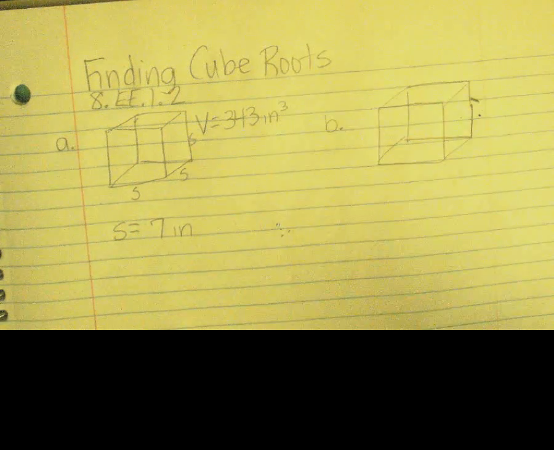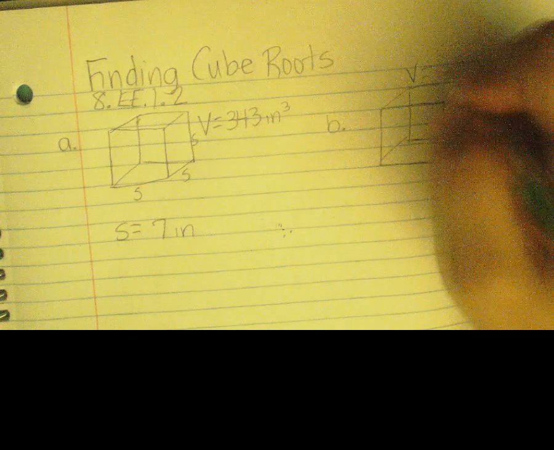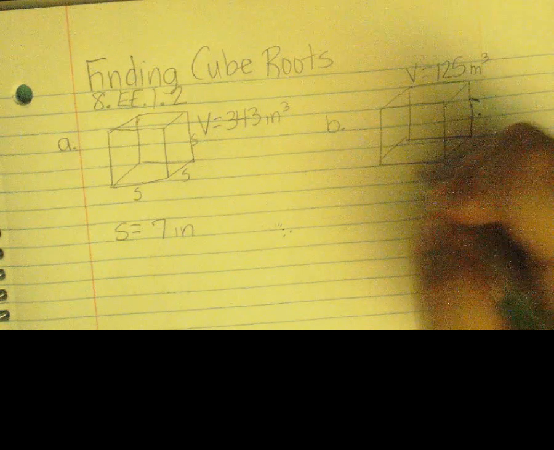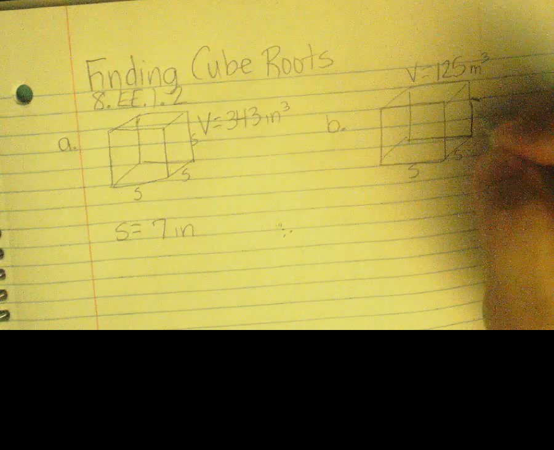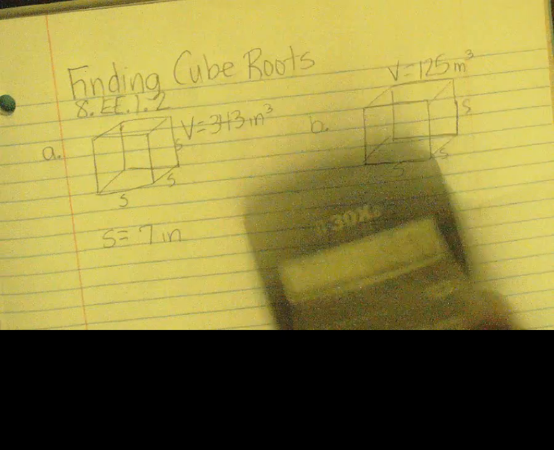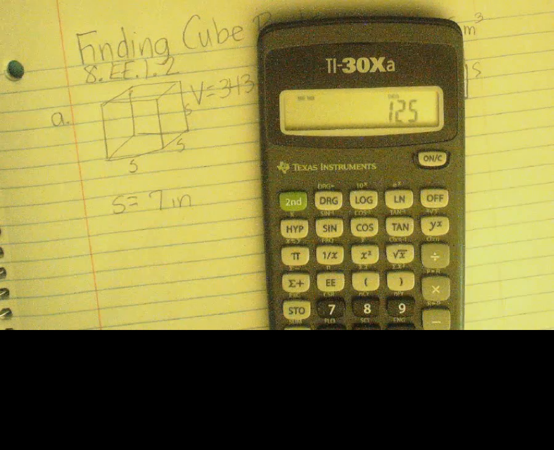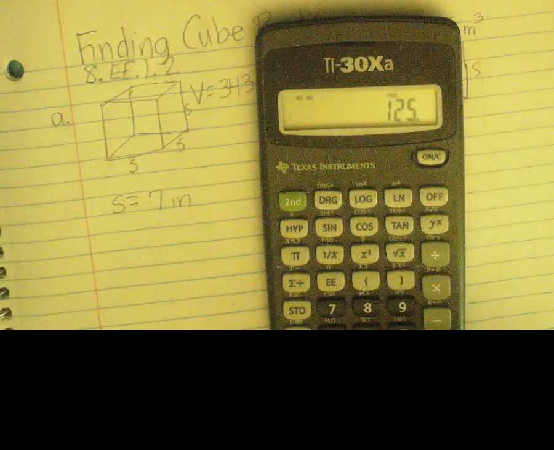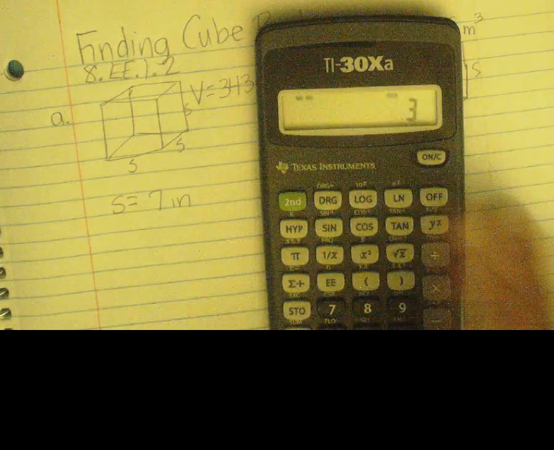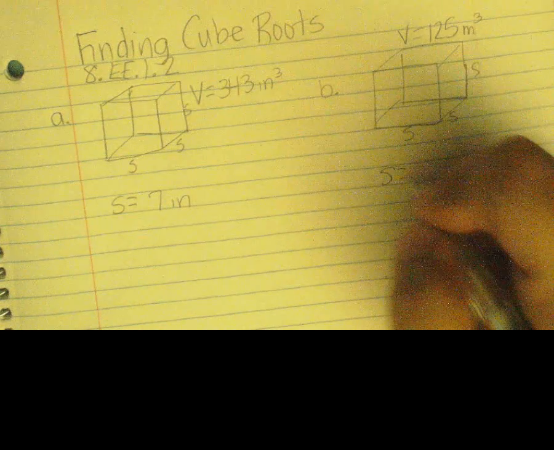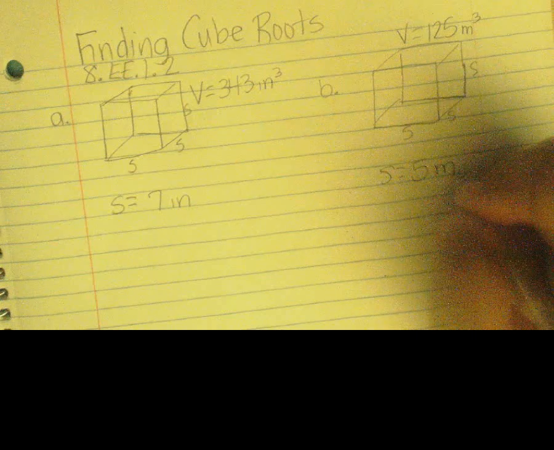There you go. One time my volume is 125 meters cubed. So I'm going to know the side times the side times the side. So how long is the side? Let's go to your calculator. 125. You're going to push second YX 3 and you get 5. So your side is 5 meters.